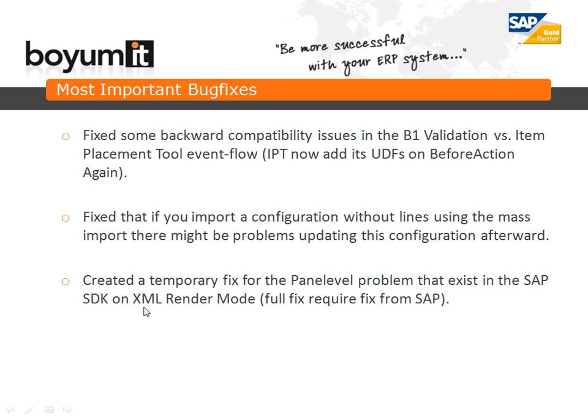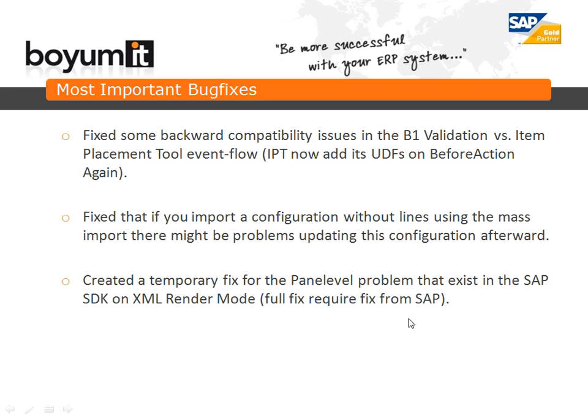We have now created a temporary fix for that, because what we have found is that the main problem is a bug in the SAP SDK. We are currently in the process of contacting SAP on this problem, and we would need a fix from their side in order to fully fix this problem.